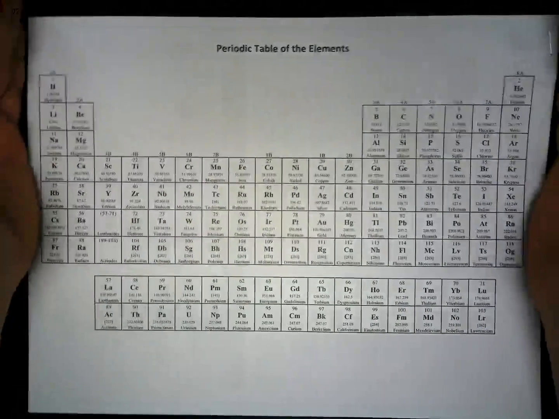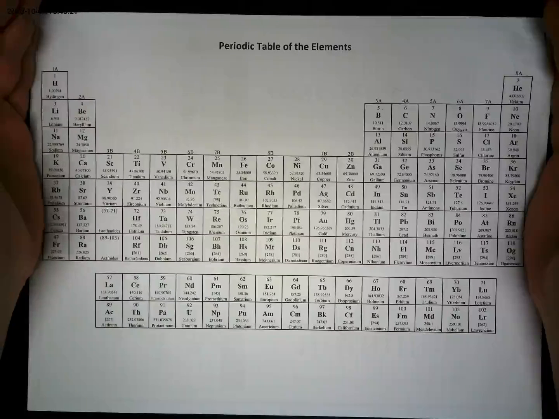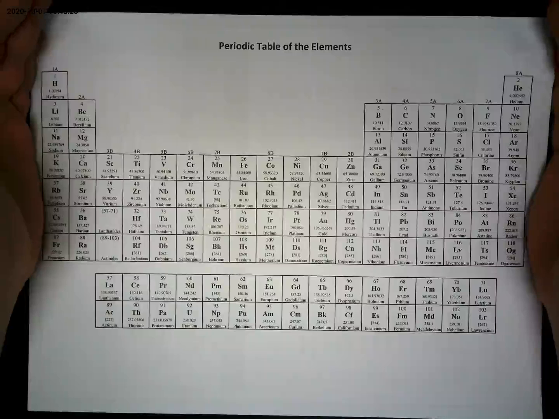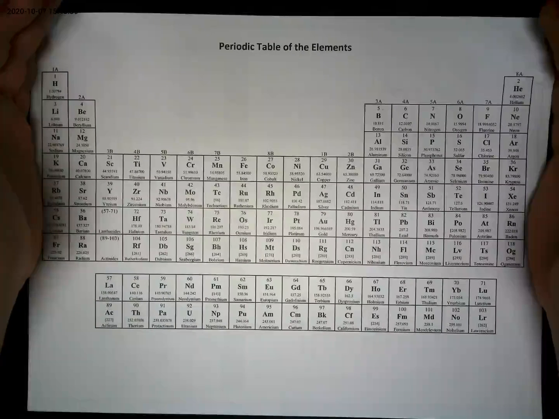All of the elements, for the most part, when they're represented this way on the periodic table, are in their most stable state. They are neutrally charged, relatively speaking. They're not ions, meaning they do not have a different number of electrons.